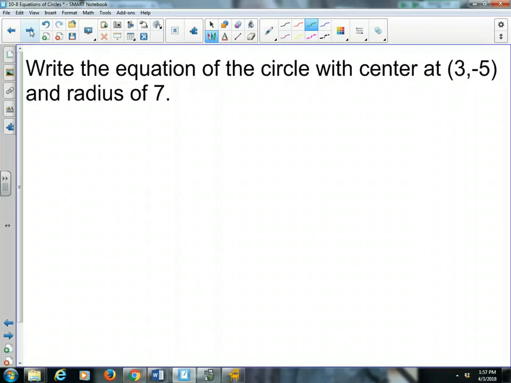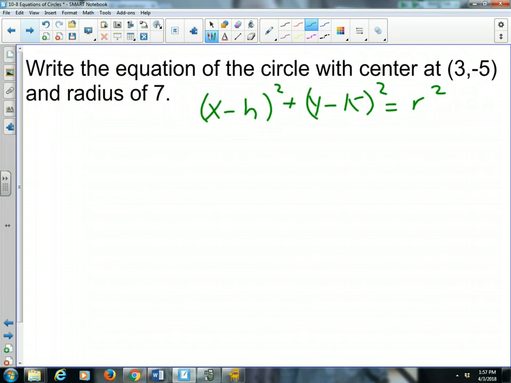So if the equation of a circle is x minus h quantity squared plus y minus k quantity squared equals r squared, I'm simply just going to place all of the information in the appropriate spots. Here is h. Here is k. And then the radius is, of course, 7.